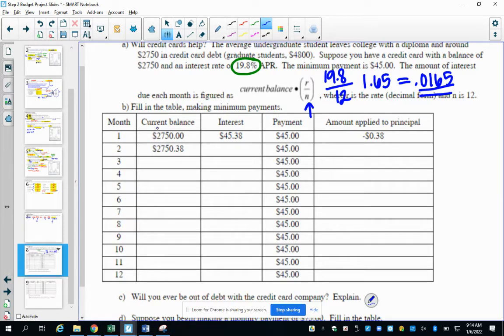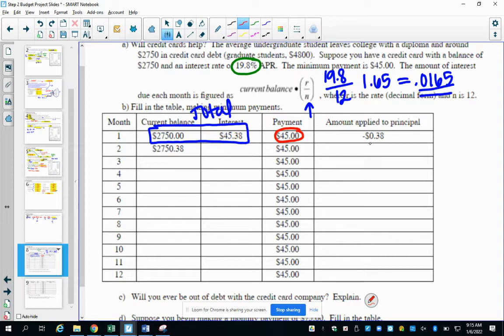Now this is what you owe total. Your principal is $2,750, then they add in interest. Now you're going to make a payment. The payment you're making is $45, but the interest they just charged you was $45.38. So you're not even paying off the interest.